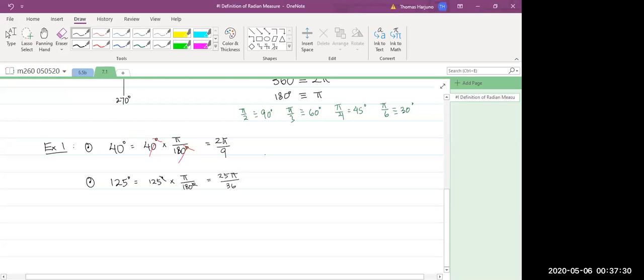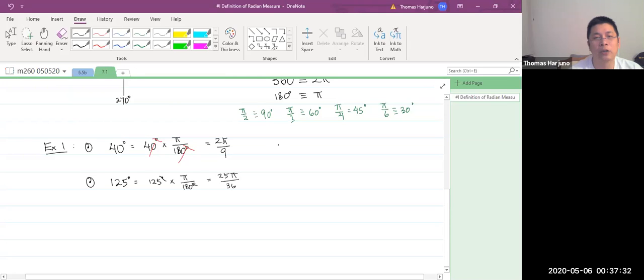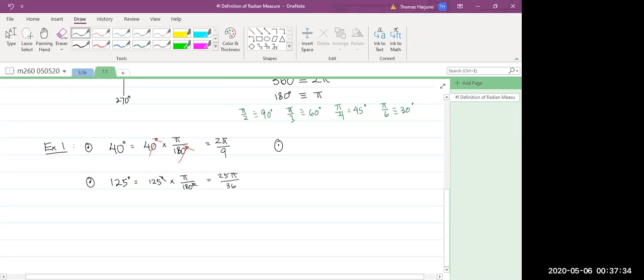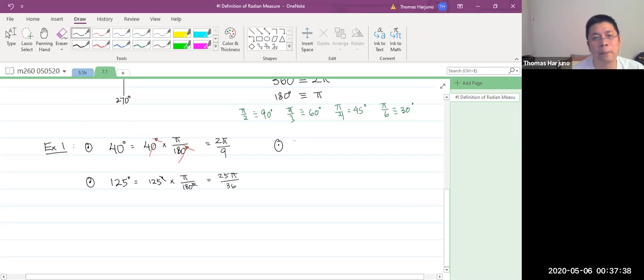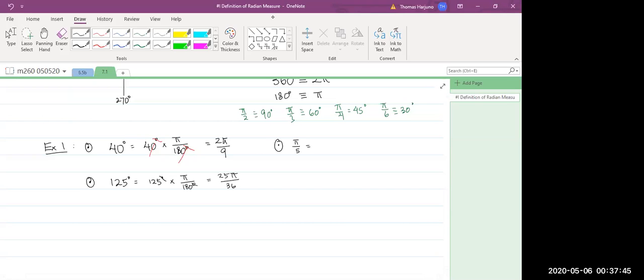Okay. Now, on the other hand, suppose I want to convert from radian to degrees. Let's say pi over 5. What will that be in degrees?